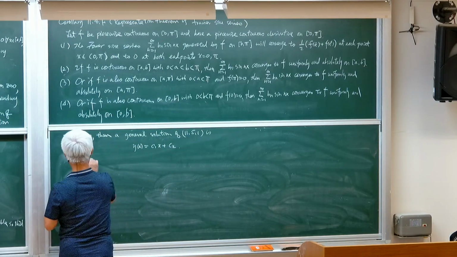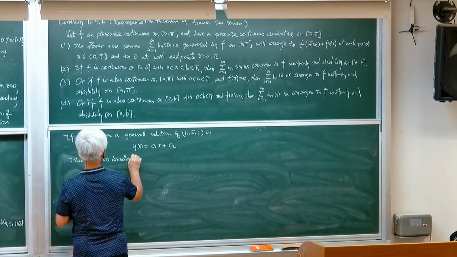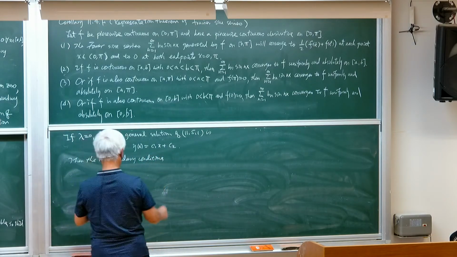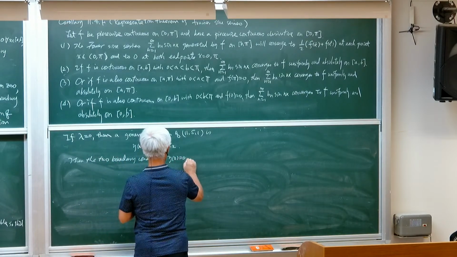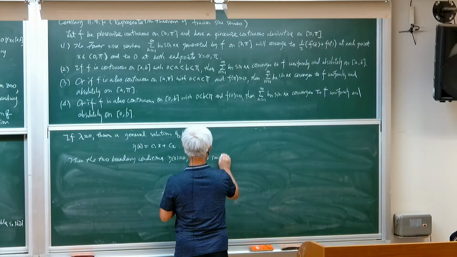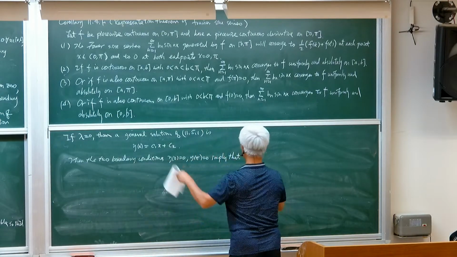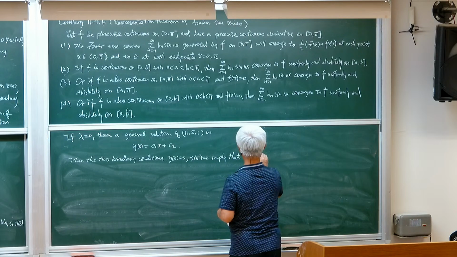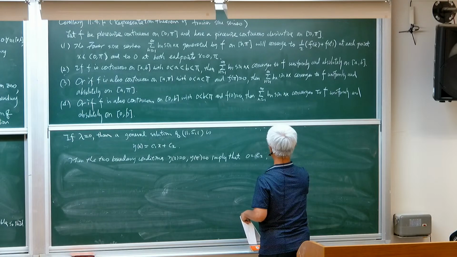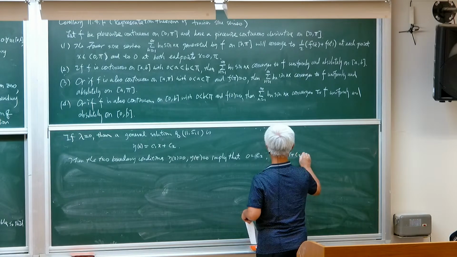Then the two boundary conditions: y(0) equal to 0, y(pi) equal to 0 implies that, so y(0) is 0 times c1 plus c2, and y(pi) is c1 pi plus c2.